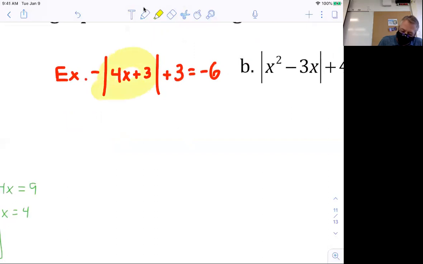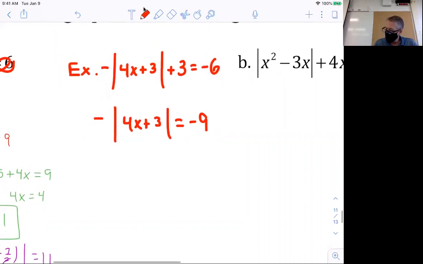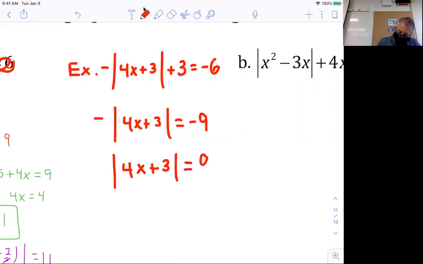So I want to get this absolute value stuff by itself first. So I'll move this to the other side, move that 3 over. So I have the opposite of the absolute value of 4x plus 3 is equal to negative 9. And then I'm going to divide by negative 1. So I get the absolute value of 4x plus 3 is equal to positive 9.